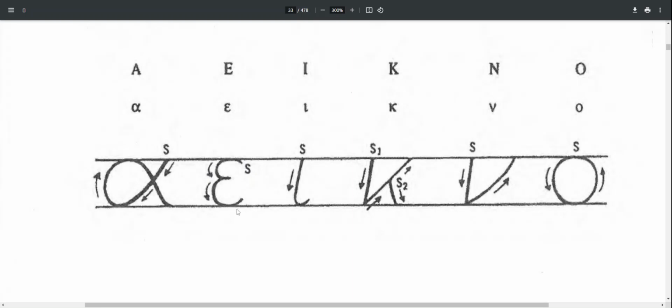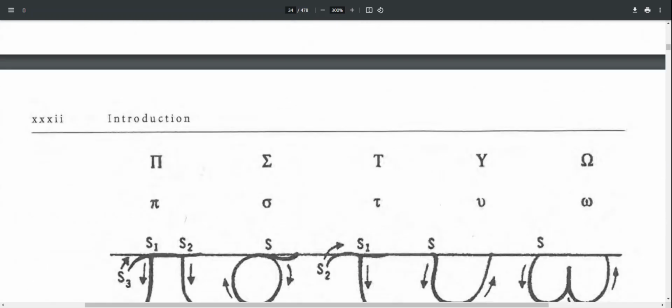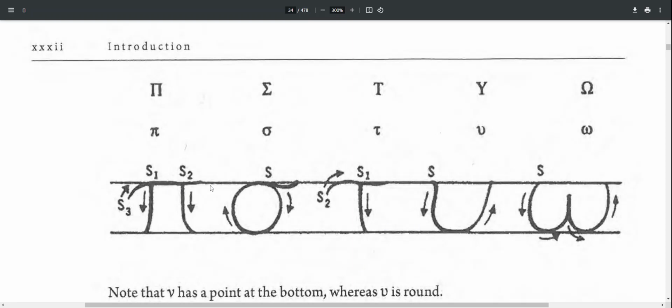Epsilon like this: make this movement, 1, 2. Iota like this. Iota, kappa. Here it's complicated, you don't need to do that. Just a small k and a bigger k. This 1, 2, 3: nu looks like a v. Omicron, round. Beta.